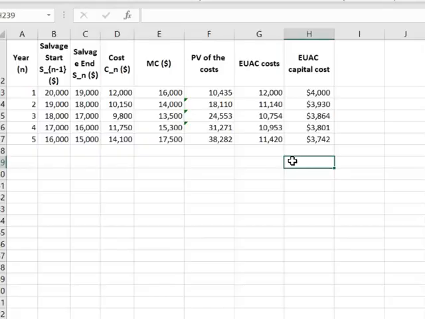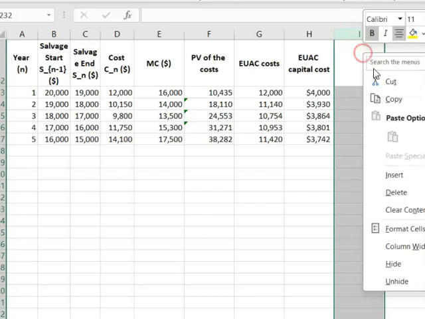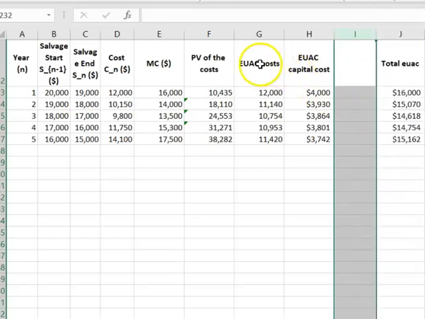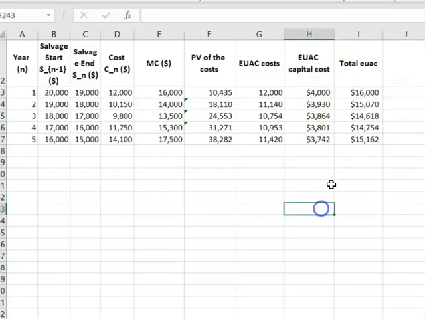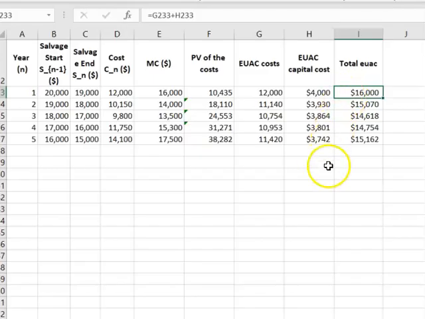The last step in this example is calculating the total EUAC. The total EUAC would be the summation of these two columns. And here we get the total EUAC. You can see the total EUAC for year 1 is 16,000, year 2, 15,000, year 3, 14,000.